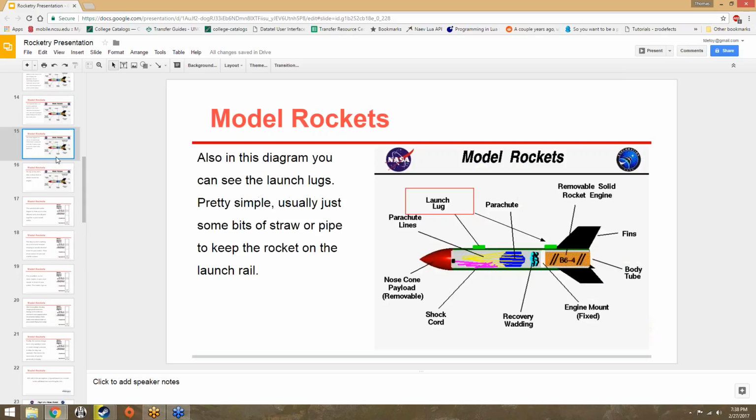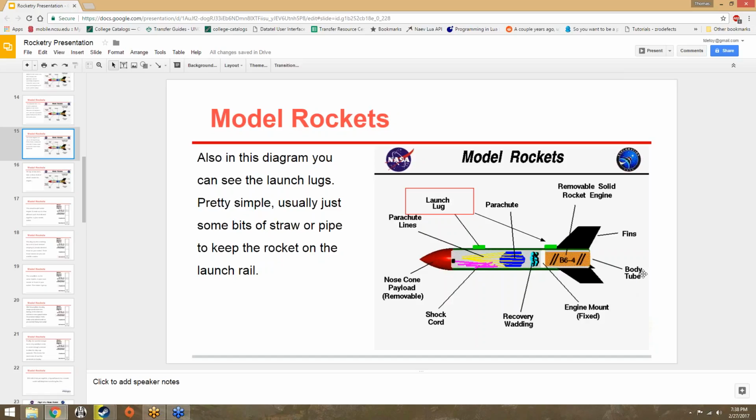So let's go back real quick to the inside of this rocket. We've got our recovery system, we've got our propellants, and we've got our nose cone as well. Our nose cone provides some stability, our fins provide some stability, our launch lugs provide some stability, but all in all, this is a very simple system.